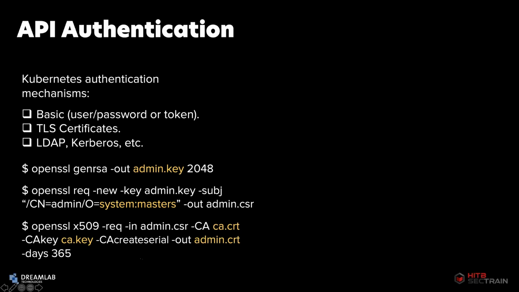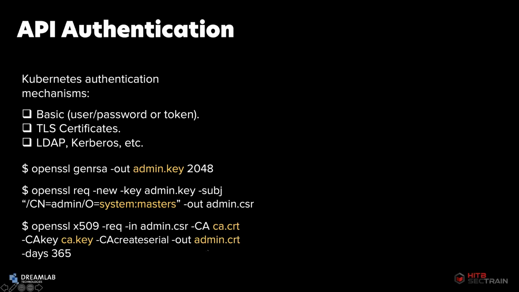If you have used kubeadm to install your cluster, these files, the ca.crt and ca.key, are usually under /etc/kubernetes/pki. And under that folder, you will find these 2 files to sign the certificates of your users.